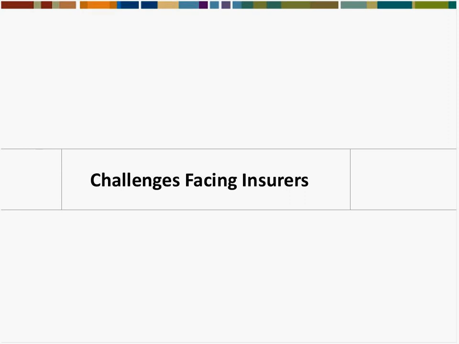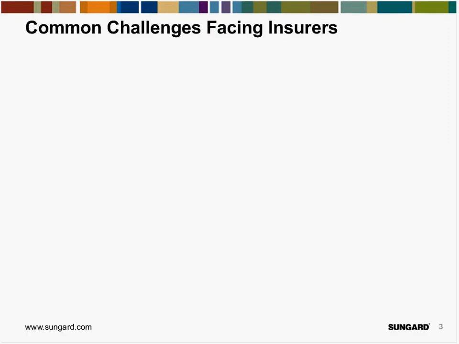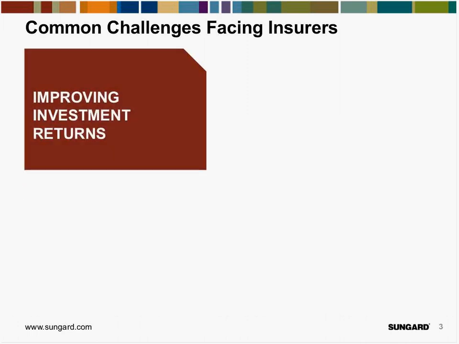But there are trends, things that are just concerning in our industry. One way these things are affecting all of us in the industry comes down to improving investment returns.